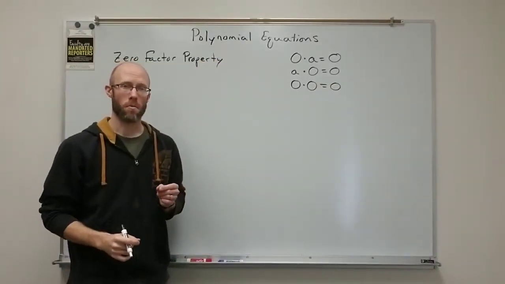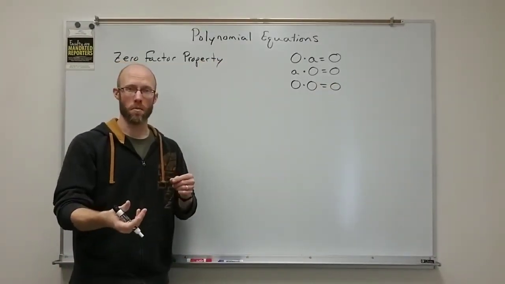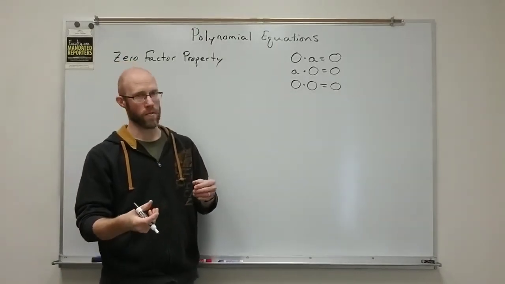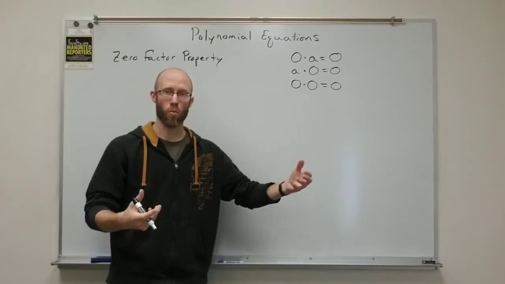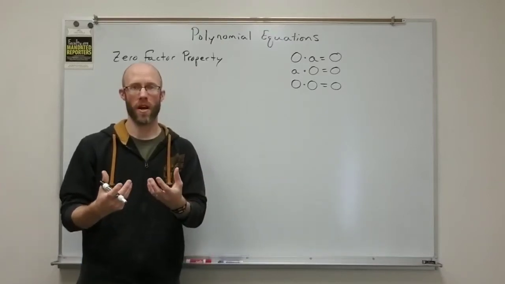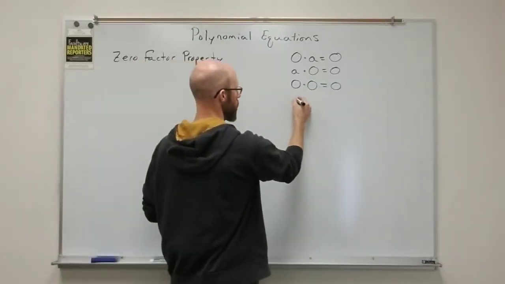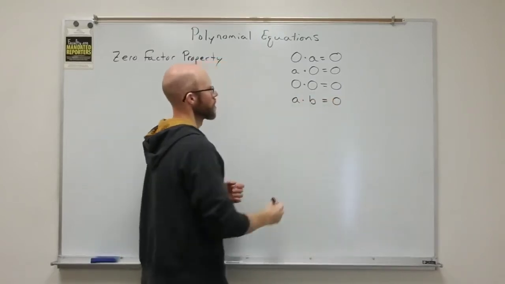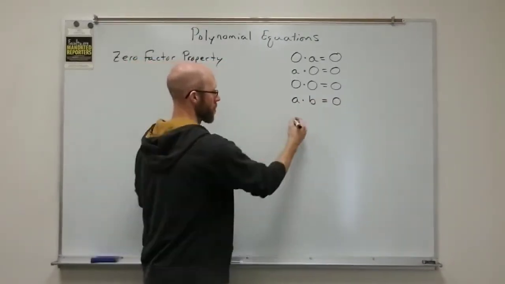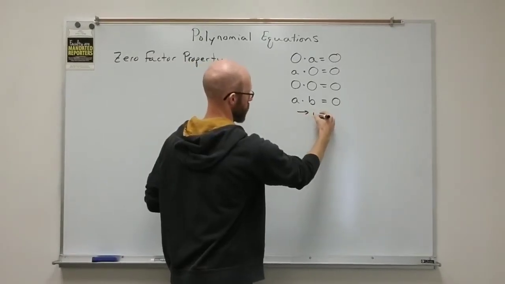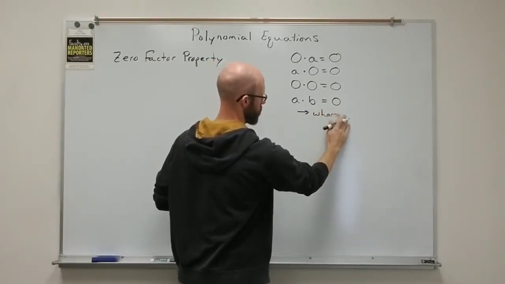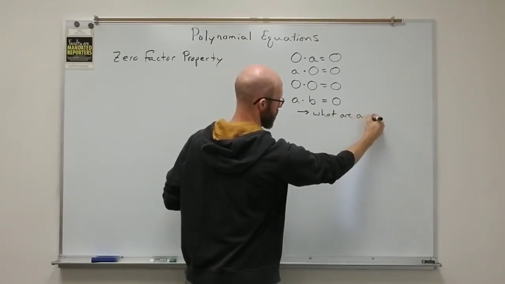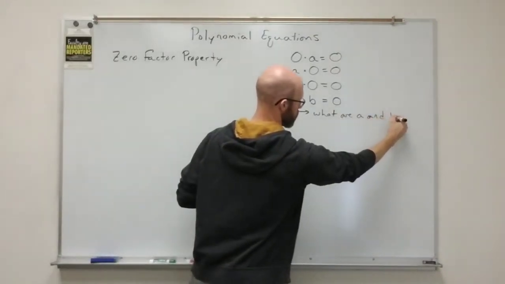So the question I just asked a moment ago is, if 0 is the product, what are possible factors? If you had two things multiplied together, A times B, what are A and B?